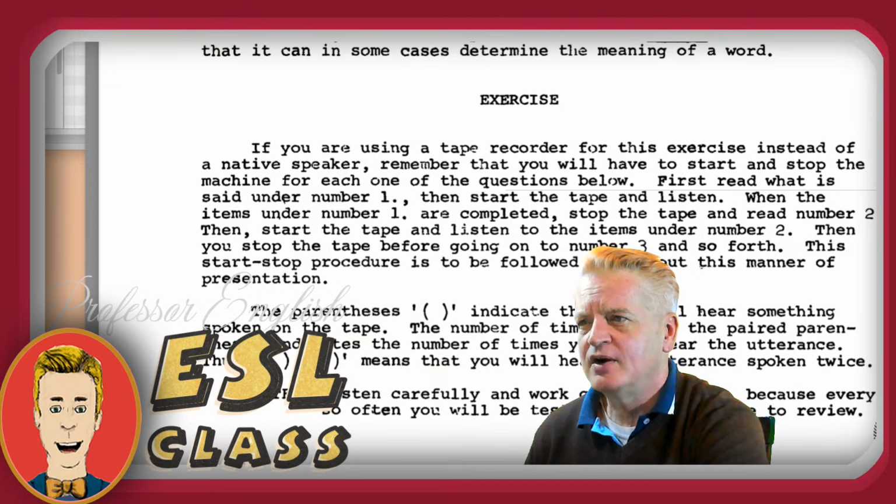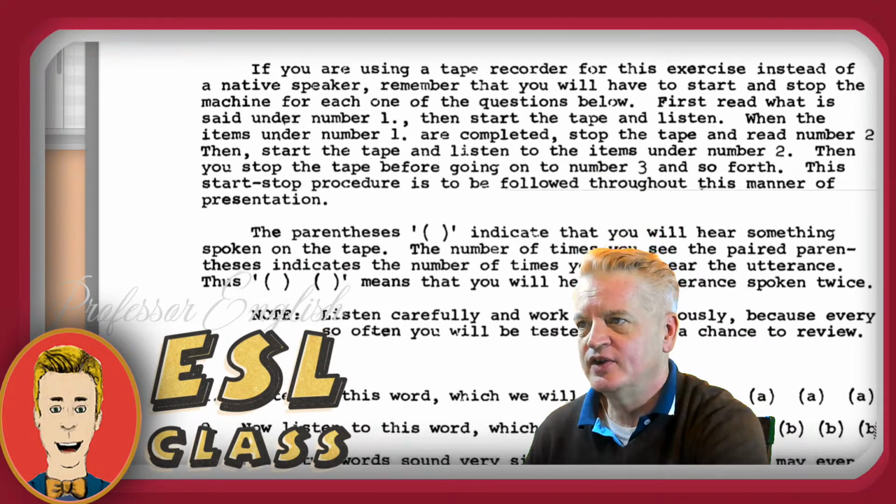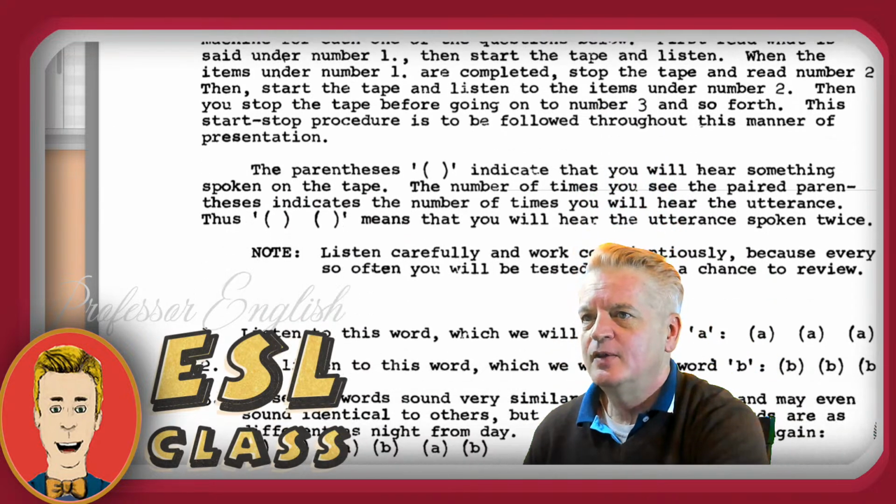When the items under number 1 are completed, stop the tape. Read number 2. Then start the tape and listen to the items under number 2. Then stop the tape before going to number 3, and so forth. This start-stop procedure is to be followed throughout this manner of presentation.